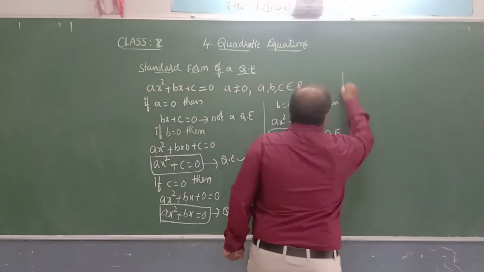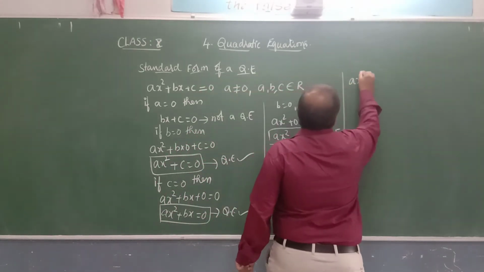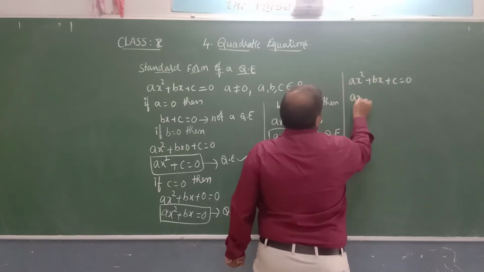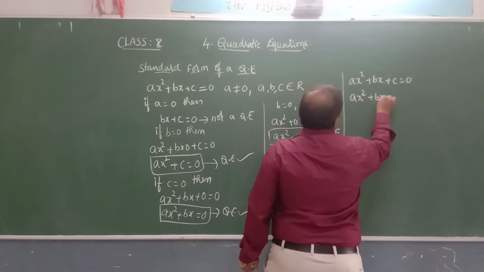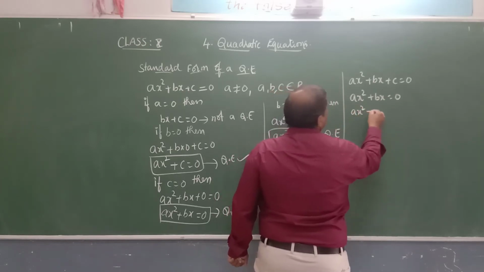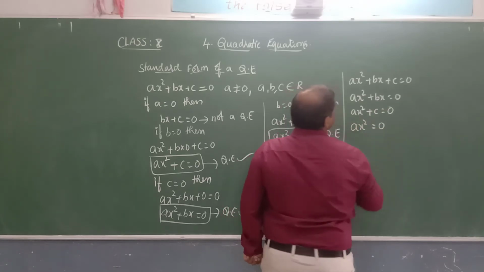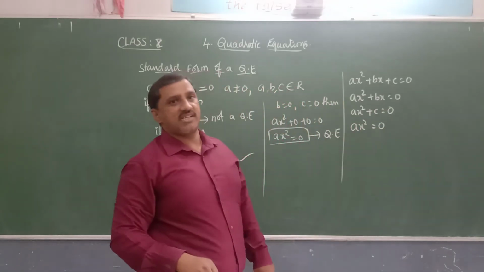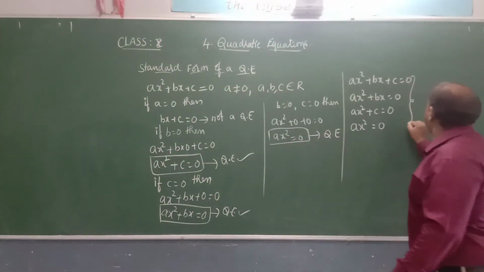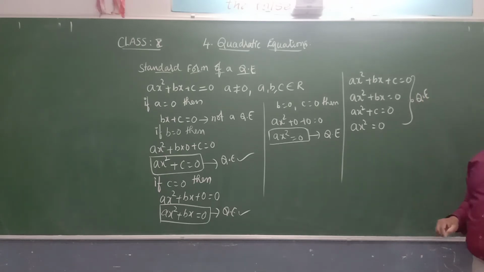Therefore, all quadratic equations will be in the form ax² + bx + c = 0, or ax² + bx = 0, or ax² + c = 0, or ax² = 0. All these are quadratic equations.